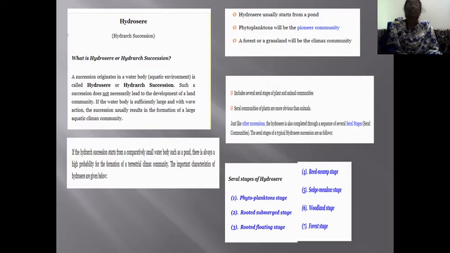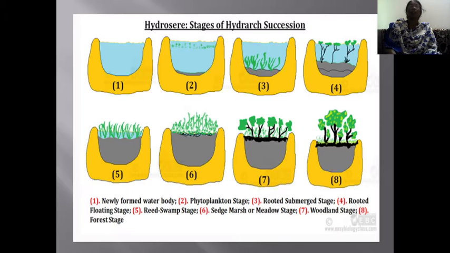These serial stages of hydrosere include first, phytoplankton stage, second, rooted submerged stage, third, rooted floating stage, fourth, reed swamp stage, fifth, sedge meadow stage, sixth, woodland stage, and seventh, forest stage, which we will study one by one.